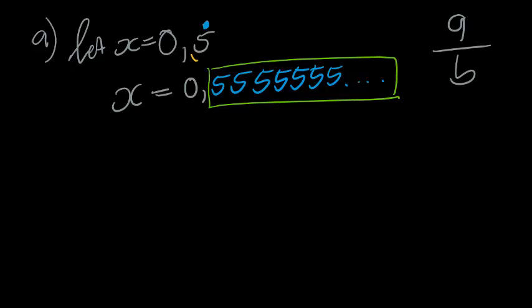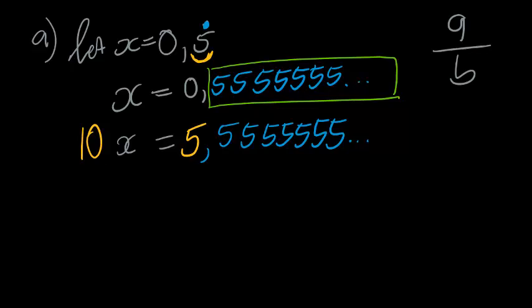So it's 5 recurring. There's only one digit that recurs. So I'm going to multiply both sides by 10. And I'm going to say 10x is equal to, and now that I've moved my decimal, I'm going to have 5 in the front, comma, 5 repeating to infinity.